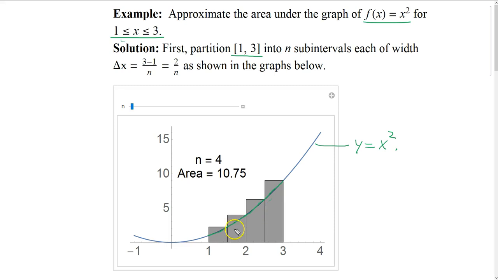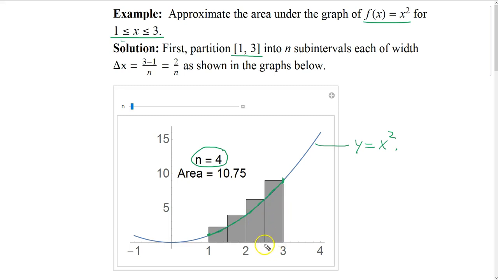We want to approximate the area under the green portion of the curve that I have sketched from 1 out to 3. Now we're going to break the interval from 1 to 3 into n subintervals. In this picture we have it broken into 4 subintervals. You see n is equal to 4 in this case. And we're going to add up the area of these rectangles right here.